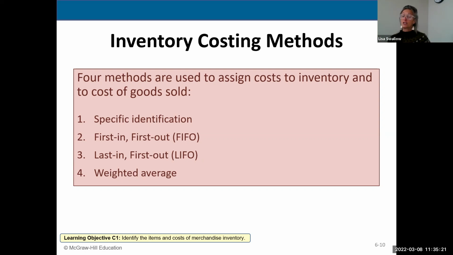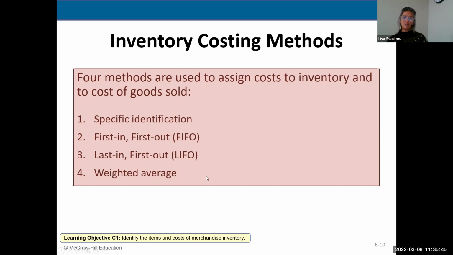But LIFO is used by a lot of companies because in a period of inflation, LIFO assumes that the newest stuff was sold first, therefore the highest price stuff was sold first, and so your cost of goods sold is higher, which makes your net income lower, and it makes your taxable income lower.